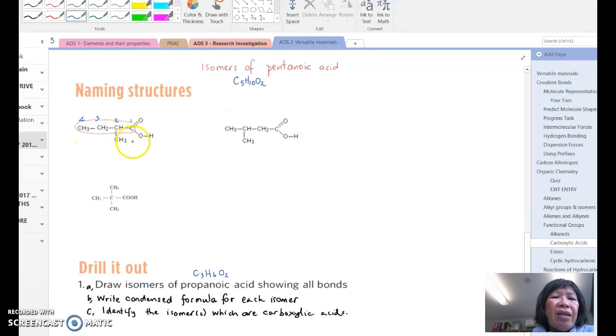So this one here is a butanoic acid carbon chain. And it has a methyl group on the second carbon, so it is a 2-methyl butanoic acid. All right, have a go at naming the other 2 isomer structures.